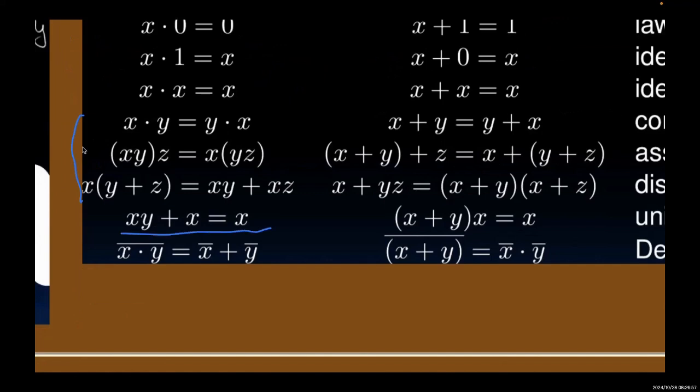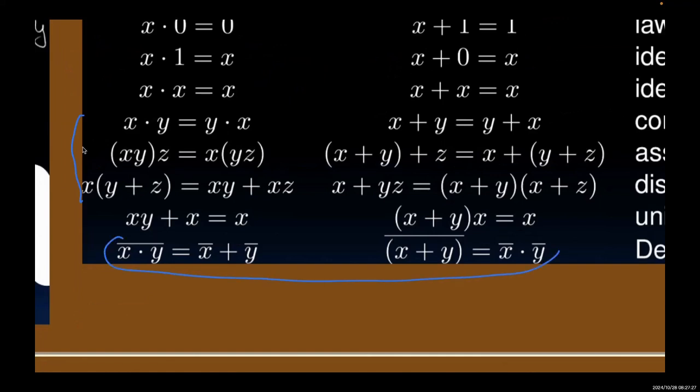And for this, if x is 1, then anything OR 1 is 1, and if x is 0, then 0 and something is 0, and 0 or something is something, right?